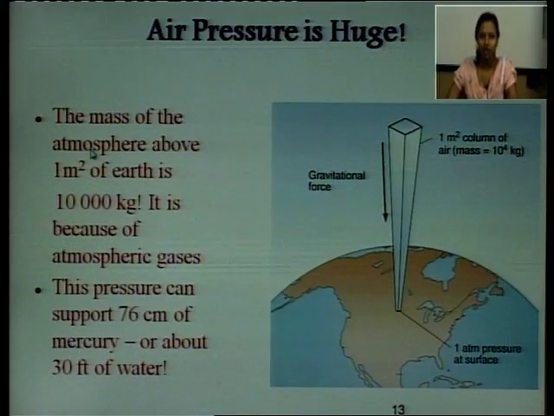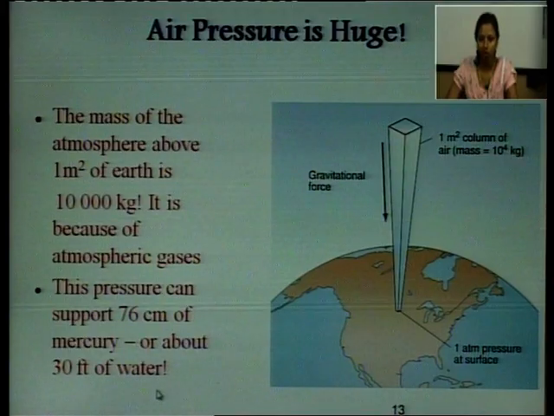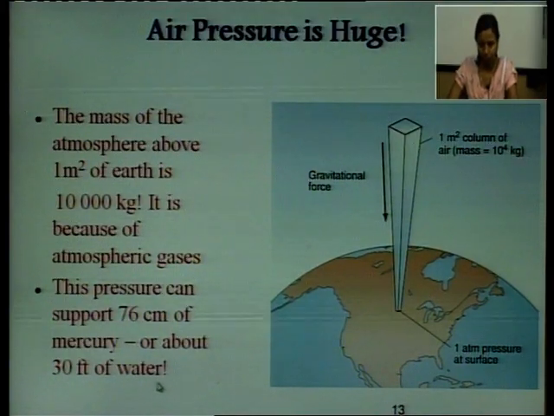The mass of the atmosphere above 1 square meter of the earth is 10,000 kilogram, because of the atmospheric gases. This pressure can support 76 centimeter of mercury or about 30 feet of water. So 1 atmospheric pressure is equal to 76 centimeter of mercury or 760 mm of mercury.